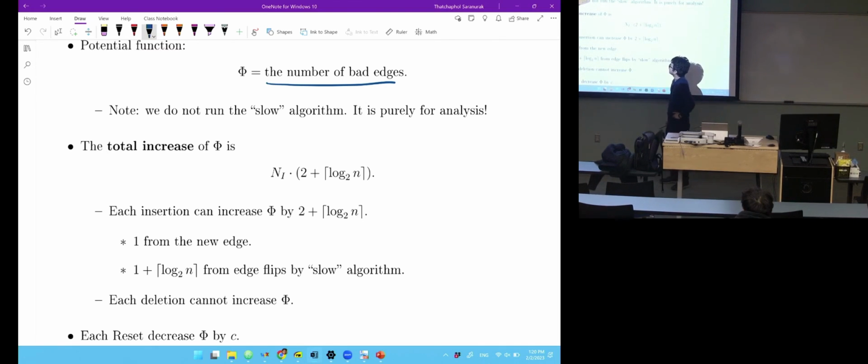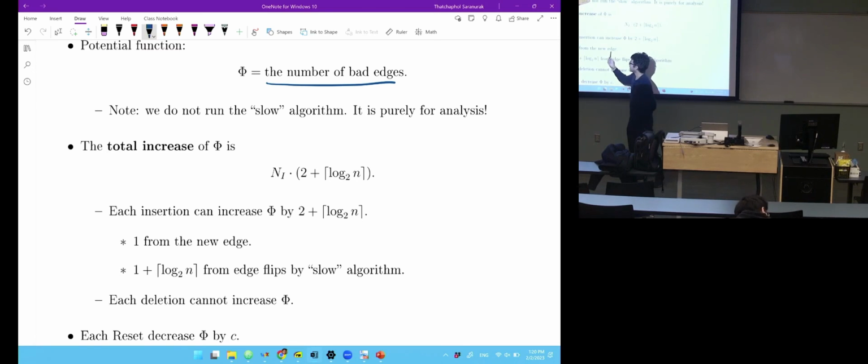Why is that? First of all, each deletion cannot increase the potential. When you delete, there is no new edge, so there is no new bad edge. That's good. When you insert, I can increase the number of bad edges by this much. Why? One from the new edge that I insert.